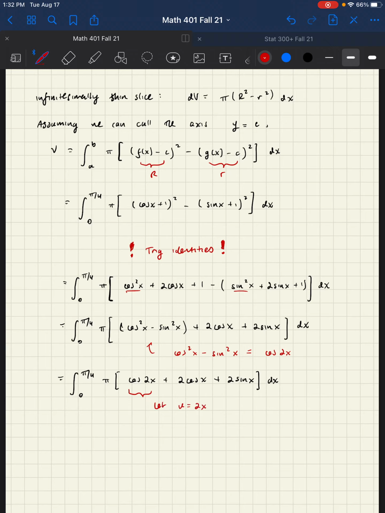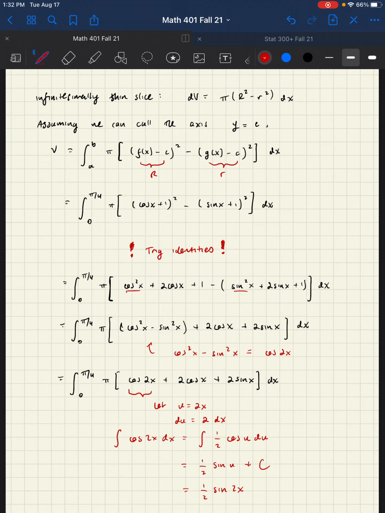So the integral of cosine of 2x, if we let u equals 2x, then du will be 2 dx, which means when we split that off, the integral of cosine 2x dx will turn into the integral of 1/2 cosine u du, and that'll be 1/2 sine of u plus c, although that part won't matter to us, equals 1/2 sine of 2x.